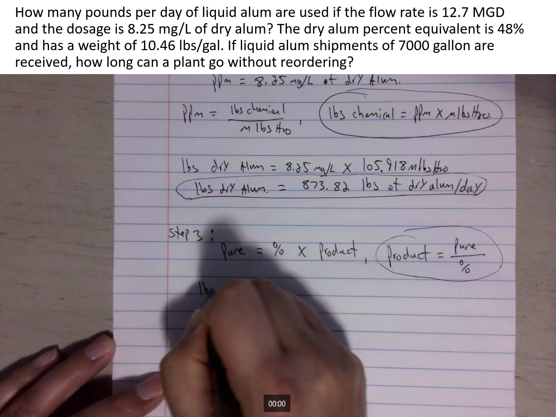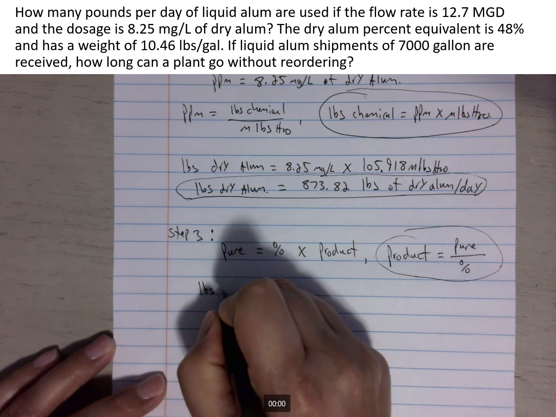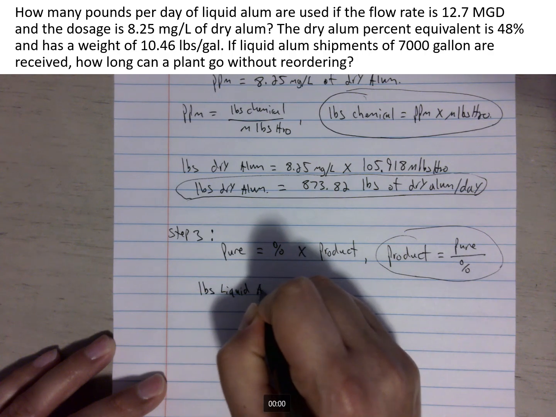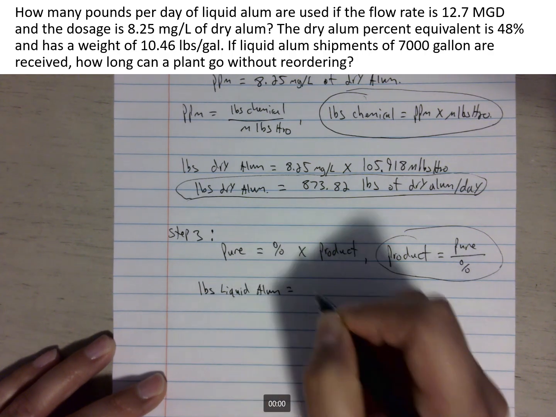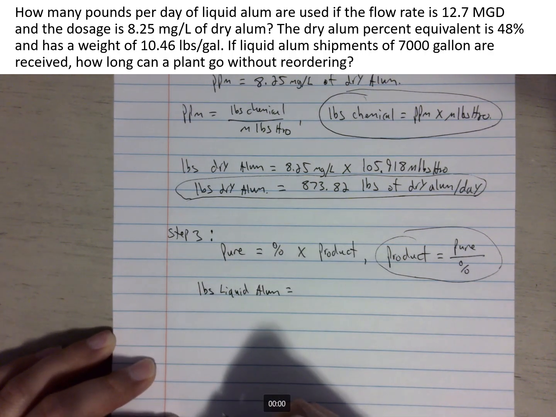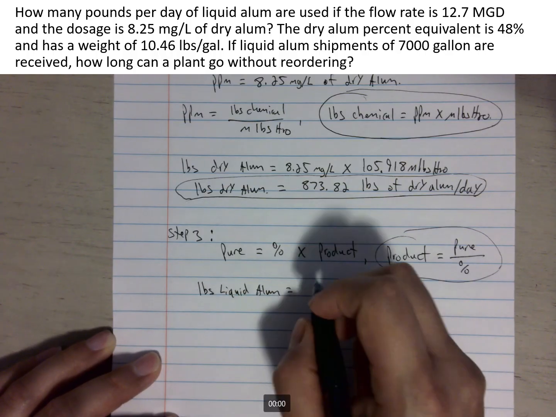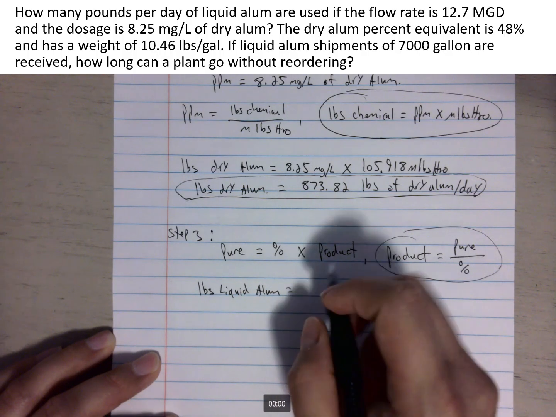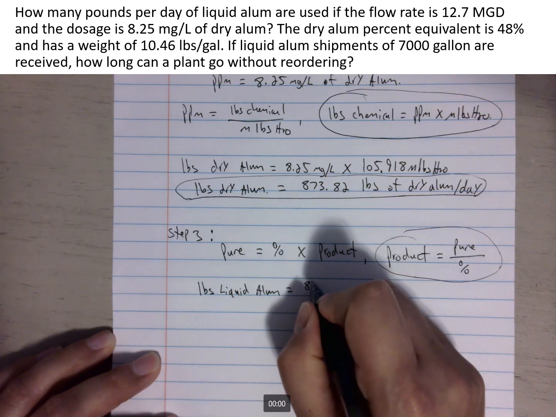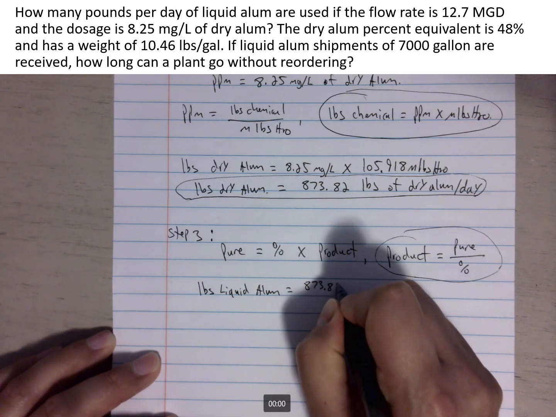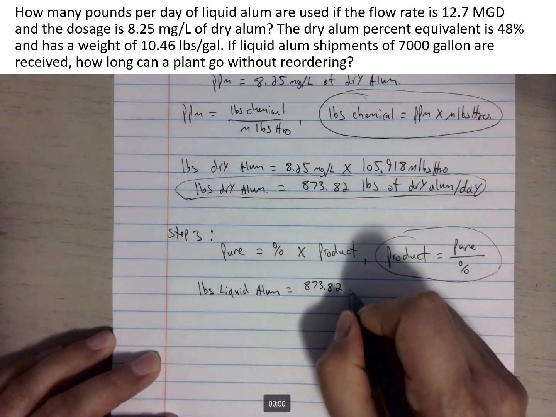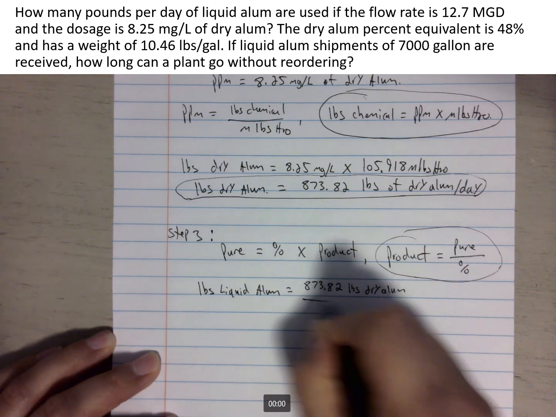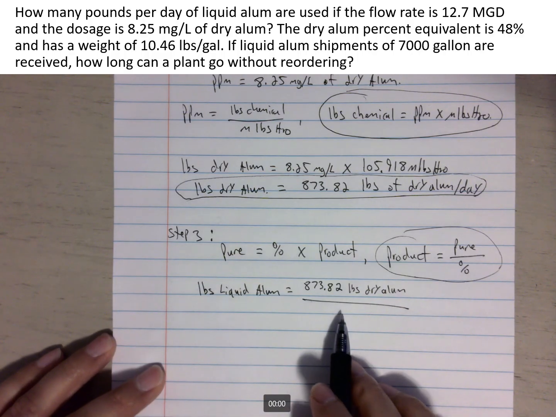So pounds of liquid alum is equal to pure, which is our dry alum, and we divide by the percent given.